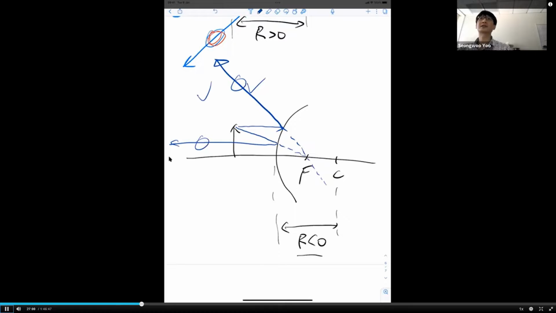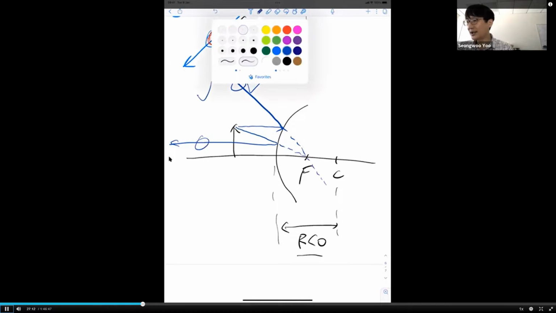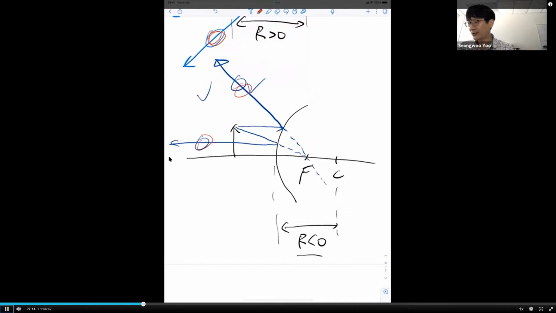In other words, this convex mirror will form a virtual image behind the mirror. So how can I define the virtual rays? I extend those reflected rays behind the mirror like this. Then those two virtual rays meet at this point, which is our image location.